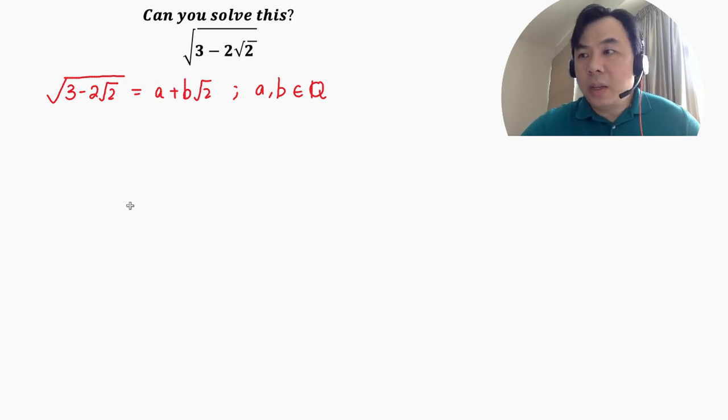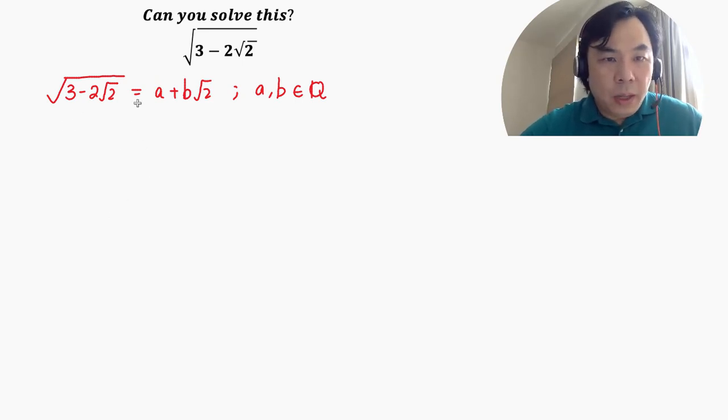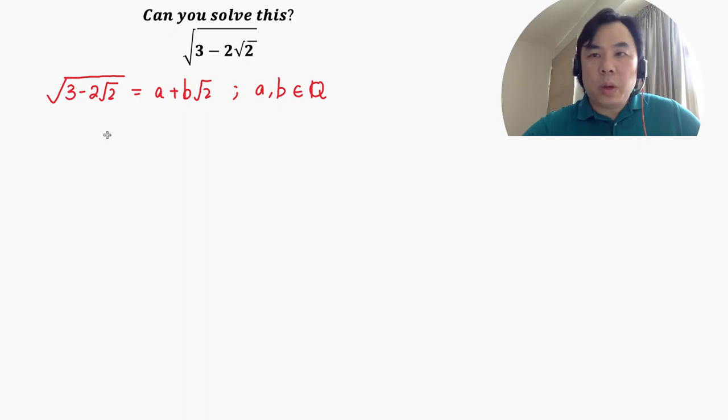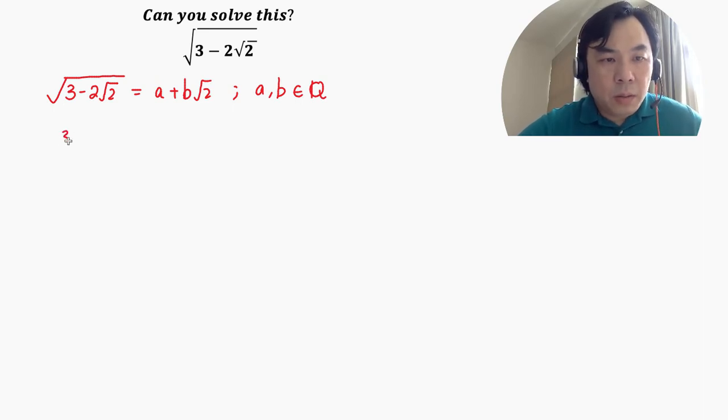Let's look at the strategy itself. The next step is to square both sides, because our intention is to obtain a solution. Hopefully the solutions for A and B are some rational numbers. Now we're going to square both sides.